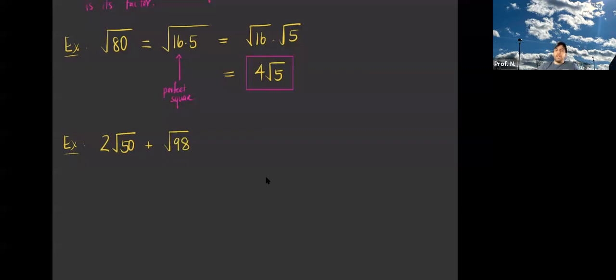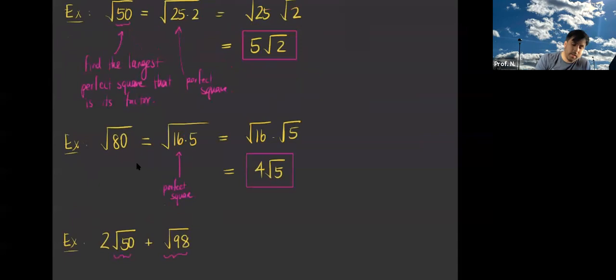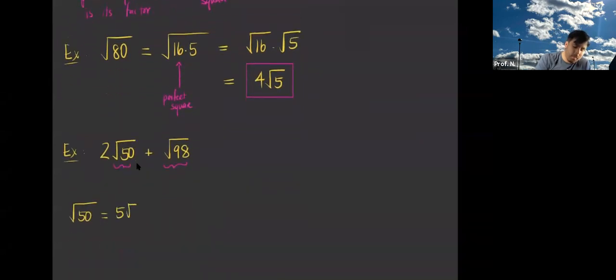The square root of 2 times the square root of 50 plus the square root of 98. Right now, I'm adding apples and oranges. I'm not adding the same thing. So I have to see if I can break each of these down individually. Well, I already found that the square root of 50 was 5 rad 2. So I can rewrite this as 2 multiplied by 5 rad 2.